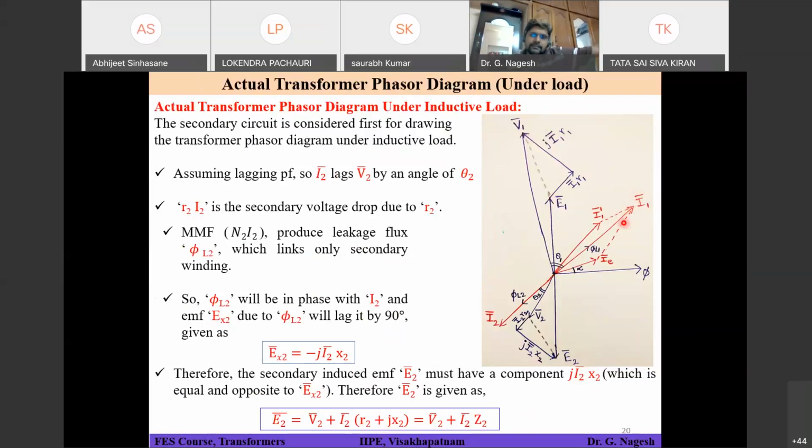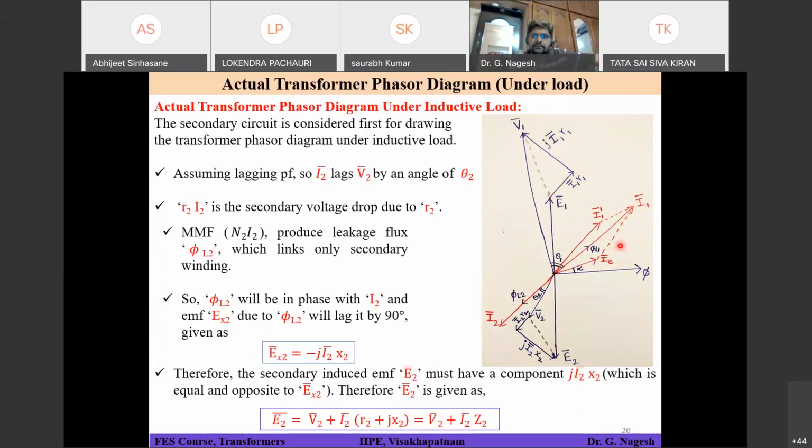Actually, the transformer does not know all these terminologies. It is simply that when the load is connected, some current will flow through the primary, that's all. For our understanding and analysis, we are breaking it into two stages. One is when the load is not connected, what is going to happen. The other is when the load is connected, what is going to happen. This is for our understanding only.